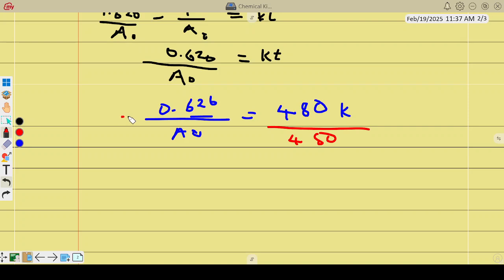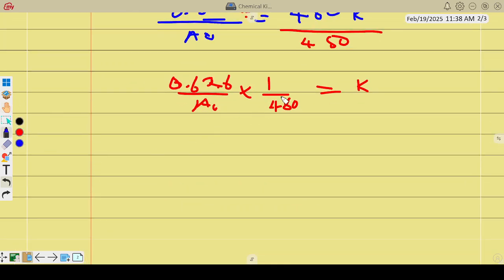Even here, we divide by 480. So meaning we're going to have 0.626 over A naught. So when we say divide by 480, when it changes to multiplication, it simply means we are going to have 1 over 480. So this is equal to K.